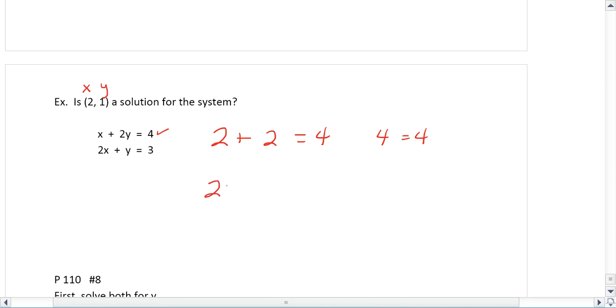Putting in the 2 for the x, we have 2 times 2 plus the y is 1, and does that equal 3? Here I get 4 plus 1, so 5 is not equal to 3, so this one doesn't work. Therefore this is no, this is not a solution to that system. So we plugged it in and tried it.